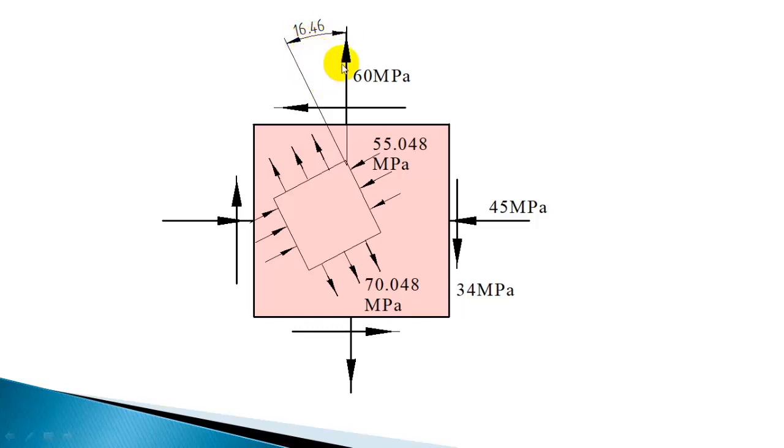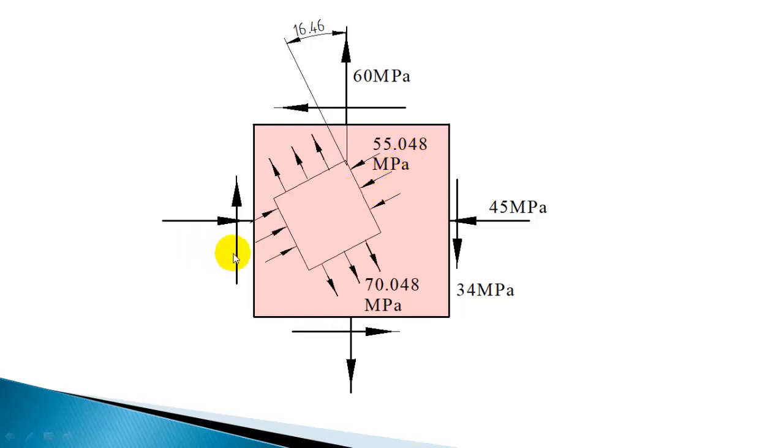That is the principal plane, and normal to that principal plane you have a compressive stress, that is the principal stress 55.048, and that is compressive. So you show this element, and on this principal plane you have identified the principal stress as 55.048 megapascal.